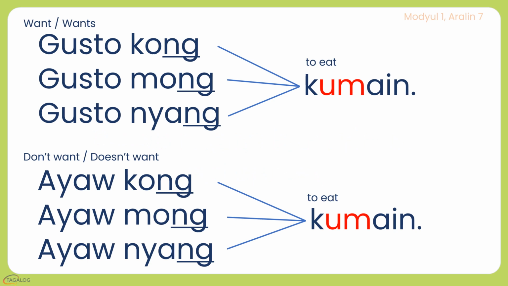Here's a summary of the different combinations using gusto and ayaw with the second group of pronouns. Gusto kong kumain. Gusto mong kumain. Gusto niyang kumain. Ayaw kong kumain. Ayaw mong kumain. Ayaw niyang kumain.